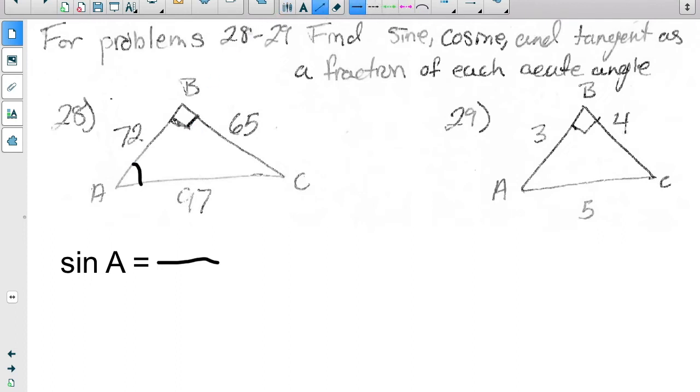For this triangle, this here is the right angle, so 97 is the hypotenuse. 97 has to be the hypotenuse. So for sine of A, 97 would go on bottom. Since sine is opposite over the hypotenuse, the opposite side is 65. So we'd have 65 over 97, and that would be sine of A.